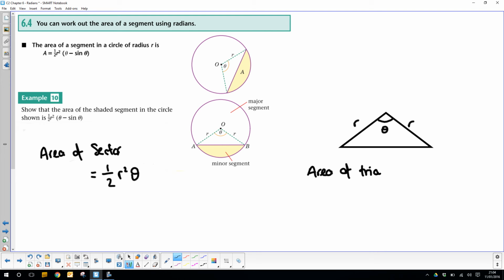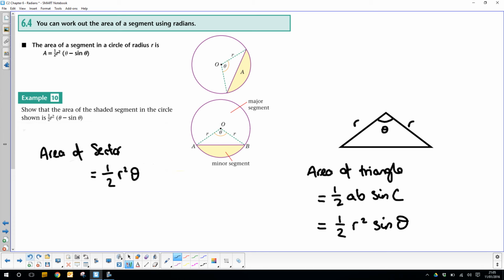Area of a triangle is a half ab sine C, which we know from chapter 2. But we're not dealing with a, b's and c's. Just to point out, if you're using a half ab sine C, a and b are the 2 sides that surround the angle C. So using that, we've got the area of our triangle is a half, a and b are both r, because it's an isosceles triangle, because they're both the radius, times the sine of theta.